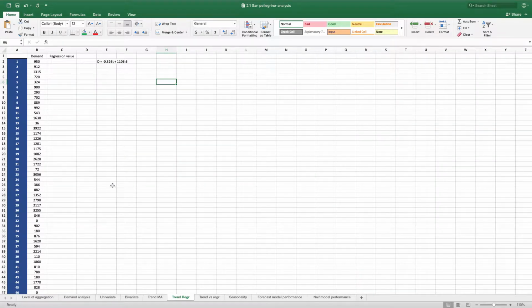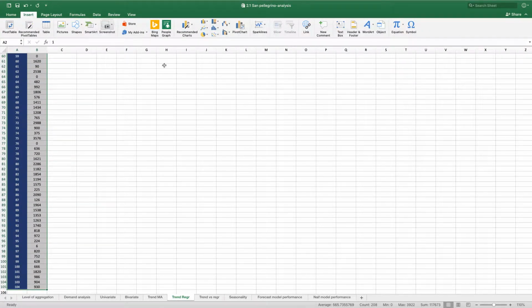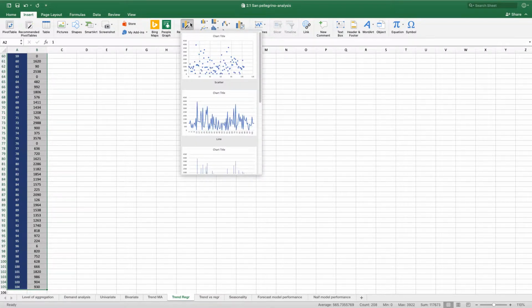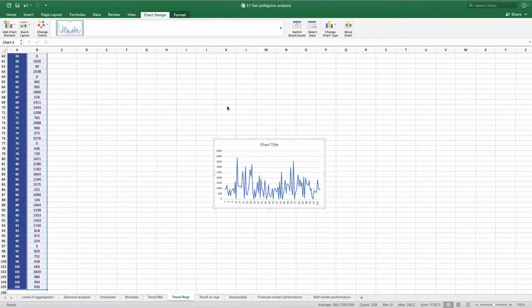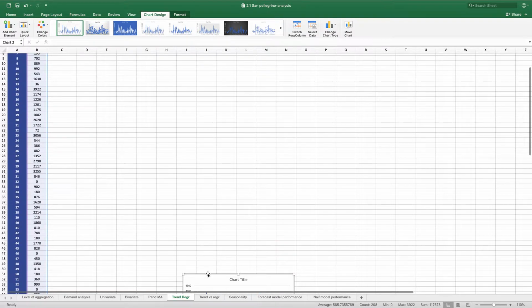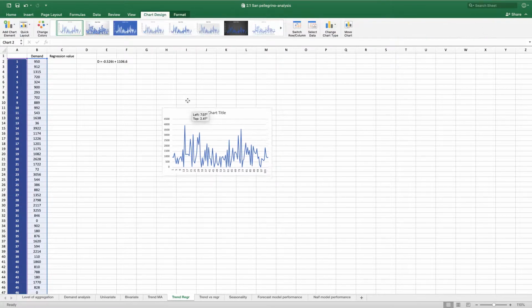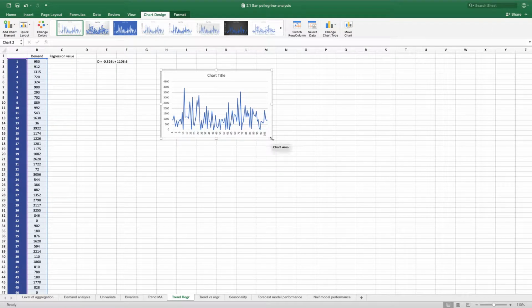Let's see how it works in Excel. It's very simple, because as I told you, you don't have to know which statistical approach to apply to calculate regression, because you simply plot your data.